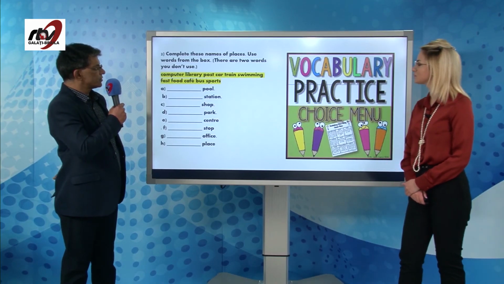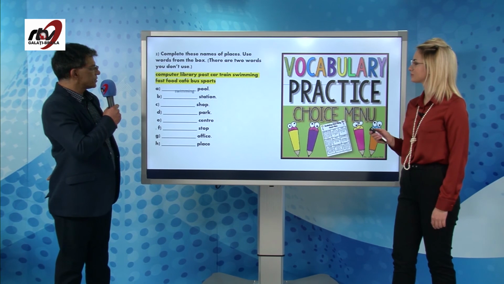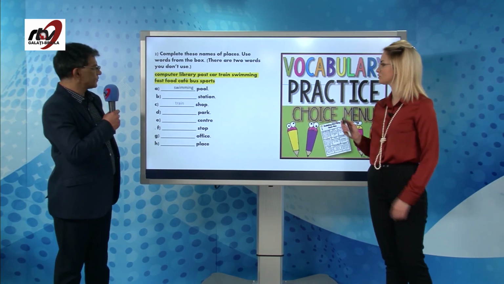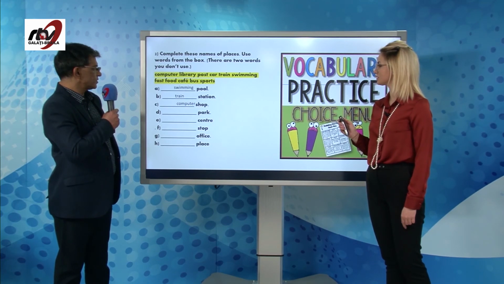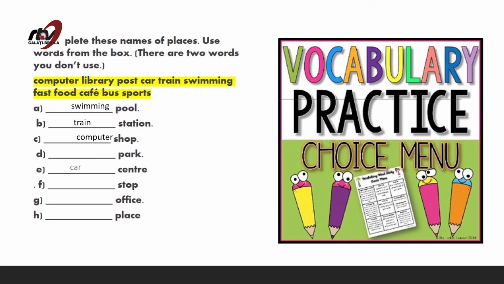So for the first one, we have a swimming pool, the second one, the train station, the computer shop, the fourth one, car park. We have sports center, the bus stop, the post office, and fast food place.